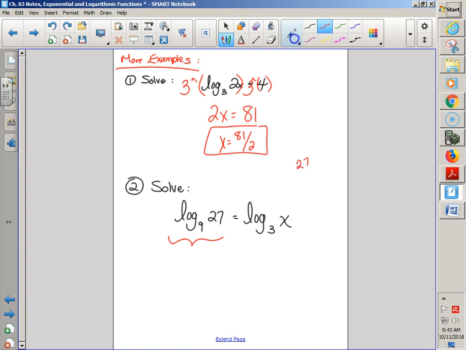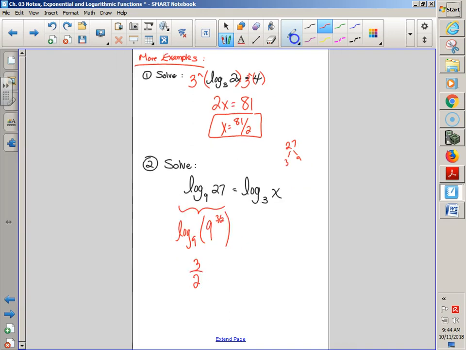Well, 27 is 3 cubed, right? Or couldn't we say that 27 is 9 to the 1.5? Isn't it 9 and then a half power of 9? Pause. So couldn't we make this log base 9 of 9 to the power of 1.5? There's 1 whole 9 and 1 square root of 9. So what's this side equal?